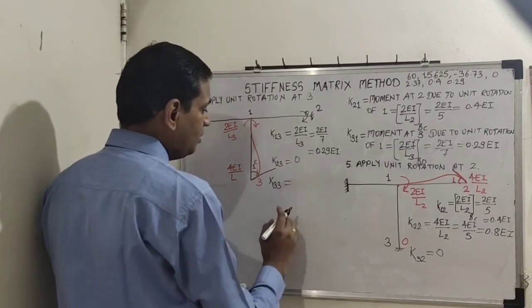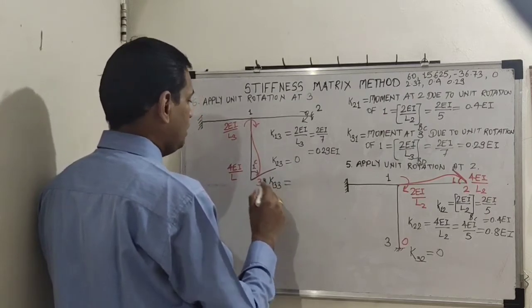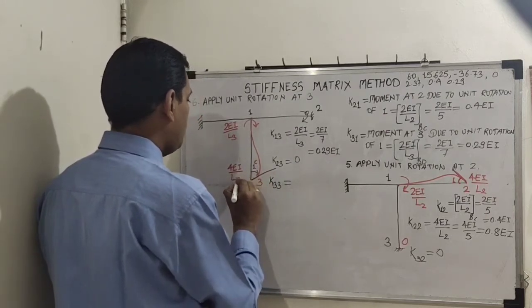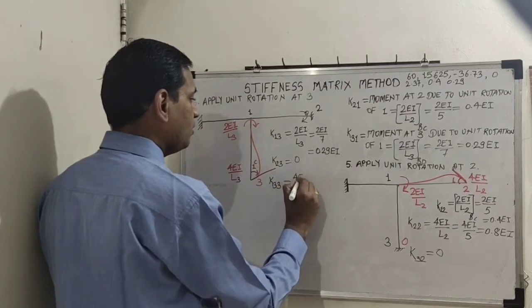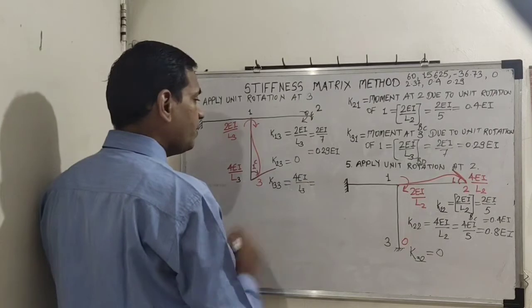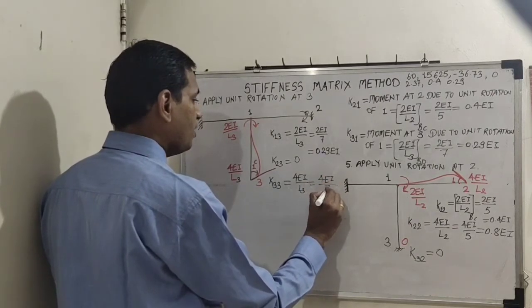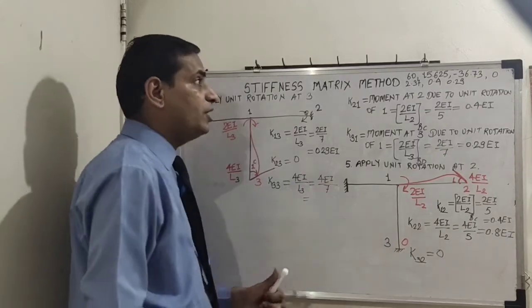Then K33, moment at 3 due to unit rotation of 3. Where is it? Here. 4EI by L3, so 4EI upon 7. Let us calculate.